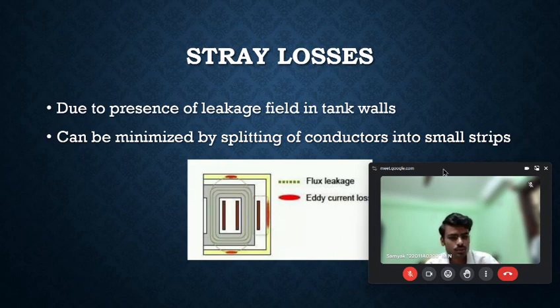They're very, very small, but they do exist, and we need to know that no matter how small the loss, they exist, and they can be minimized by splitting the conductors into small strips. As you can see, they have split the conductors into small strips. By doing so, we can minimize stray losses.